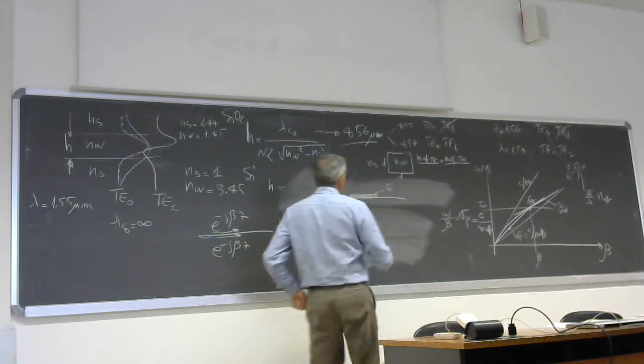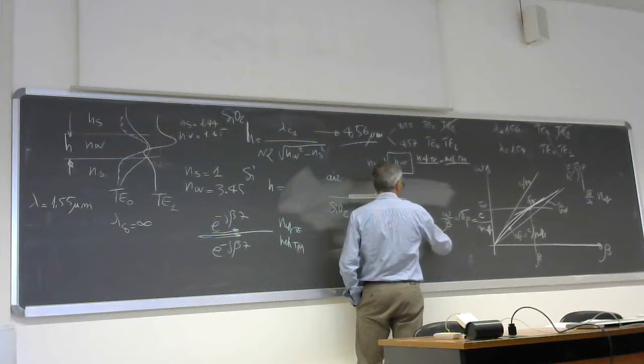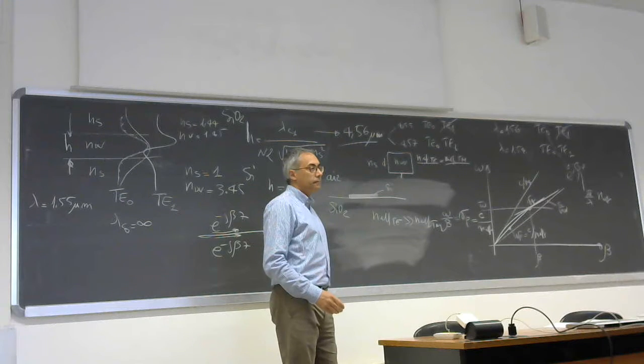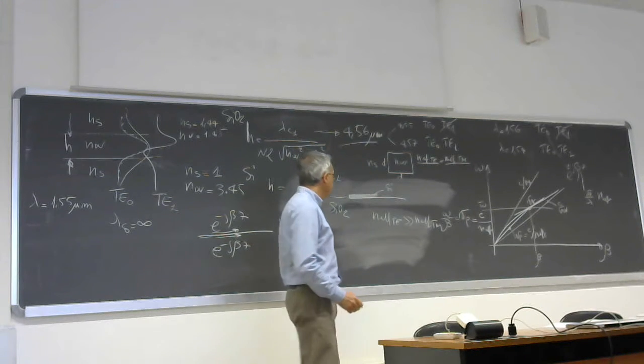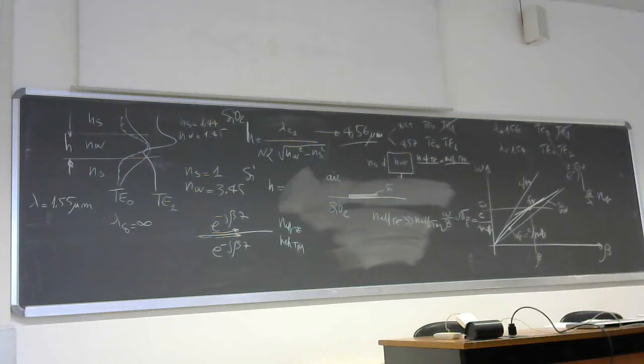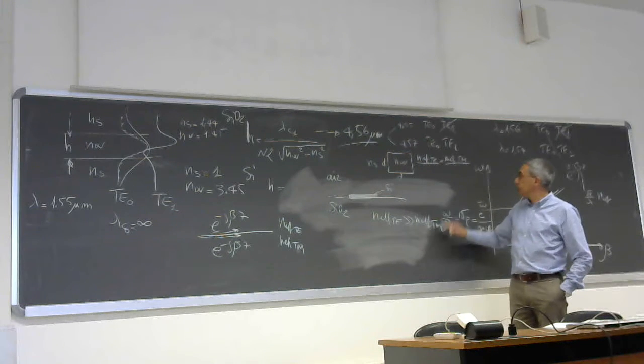Well, in this case, the effective index of the TE is much larger than the effective index of the TM. But you can even reach a condition in which the TM mode is not at cutoff, but is very weakly guided, is badly guided. So you see, different waveguides have very different behavior.